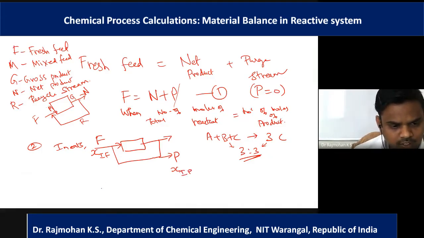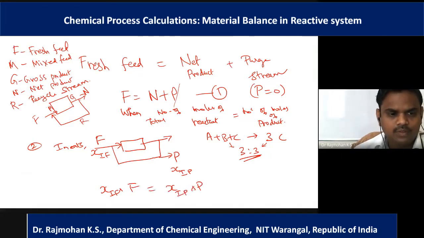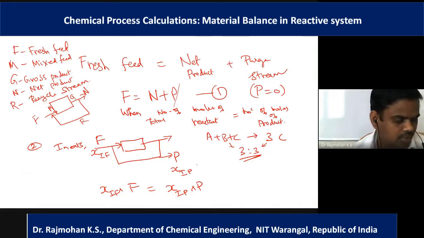So we can say XIF into F is equal to XIP into P. When inerts are present in the feed stream and we have a purge stream, the amount of inert entering the system at any time is equal to the amount of inert leaving as the purge stream. That is another point.